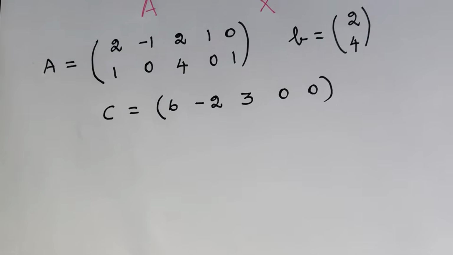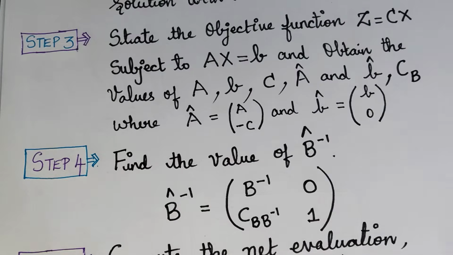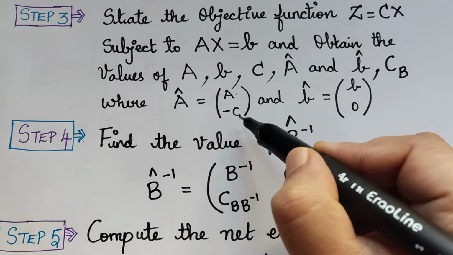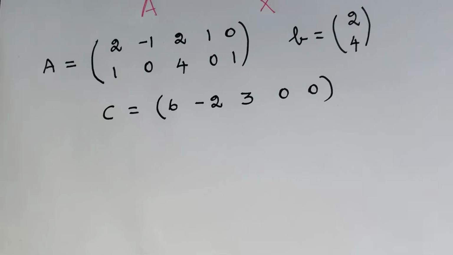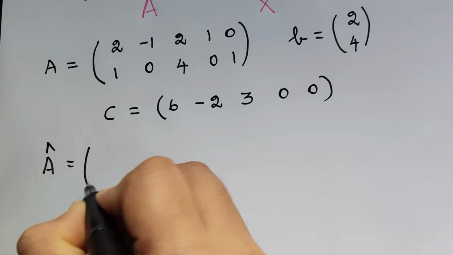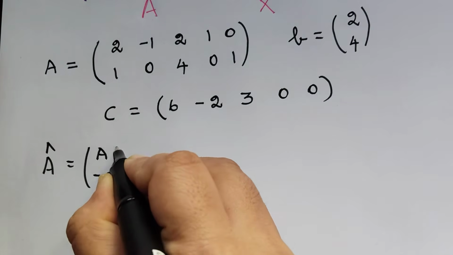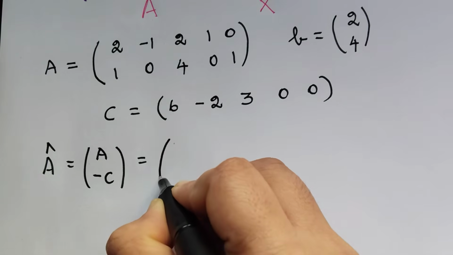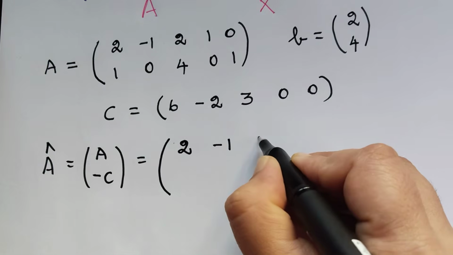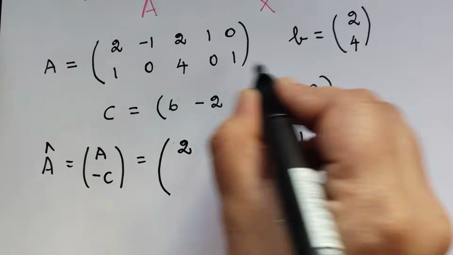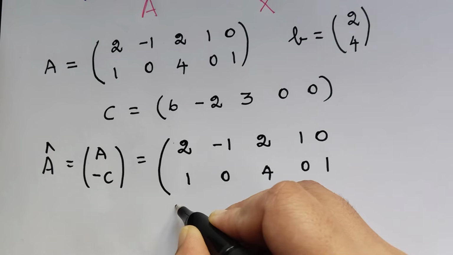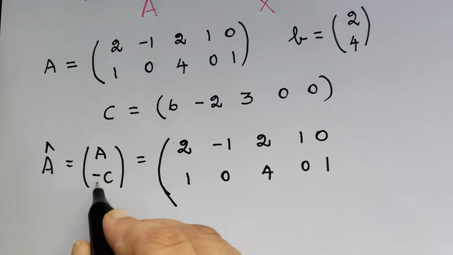Now using these values, we have to find A cap and B cap. Capital A cap is given by the matrix A minus C. So first we shall find this. A cap is equal to the matrix A and minus C. First we shall write the matrix A as it is: 2, minus 1, 2, 1, 0, and here we have 1, 0, 4, 0, 1, followed by the matrix C where we have a negative sign.